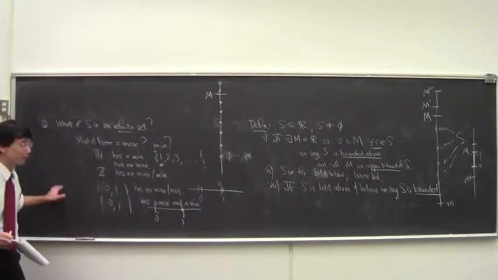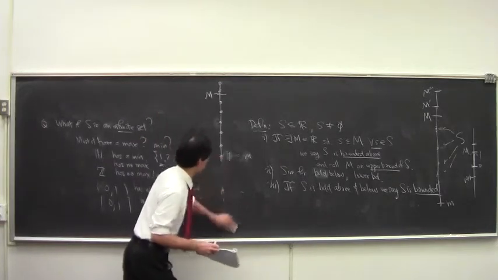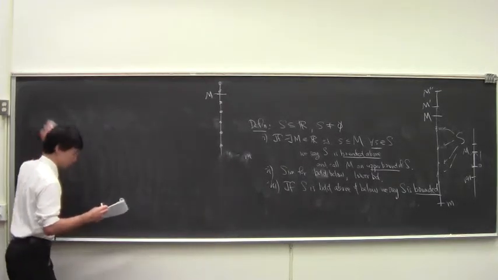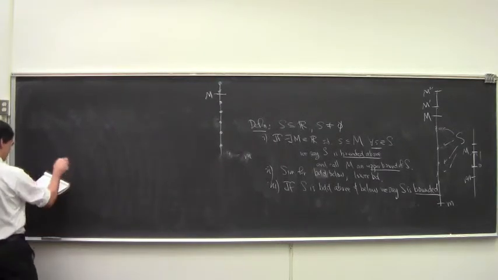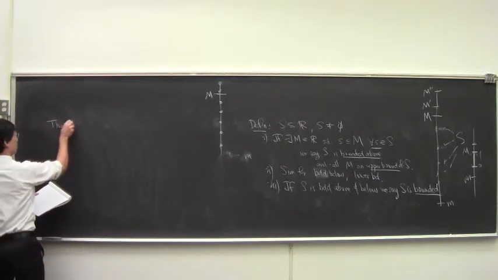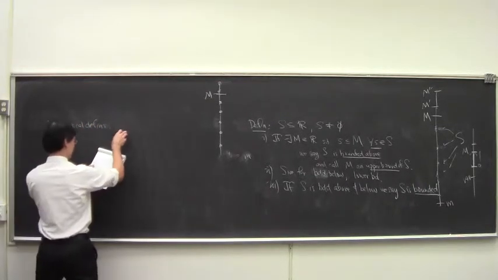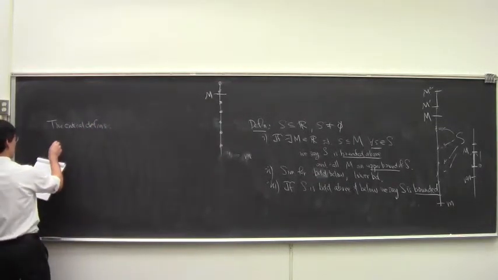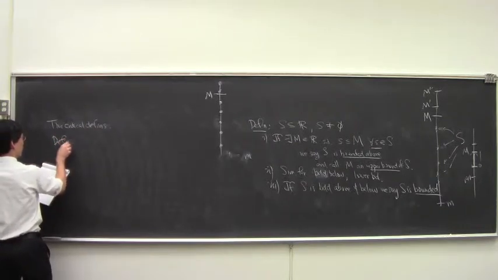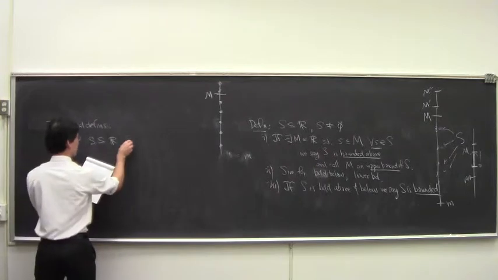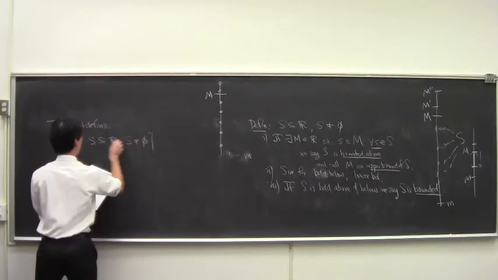Okay. Now comes the crucial idea. So the critical definitions are the following. Again, you have some set S in R, some subset of real numbers, non-empty.